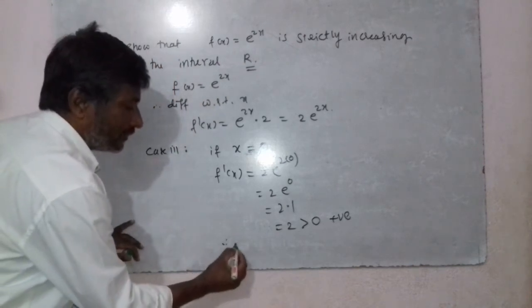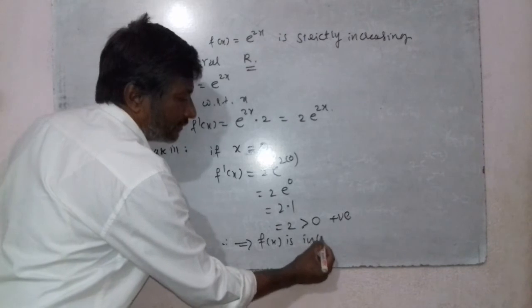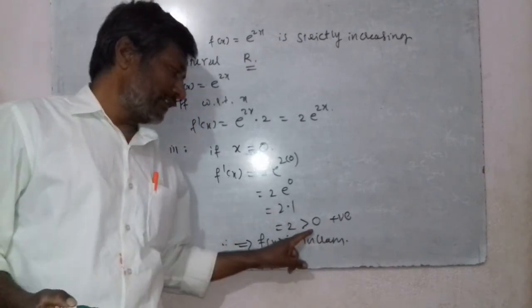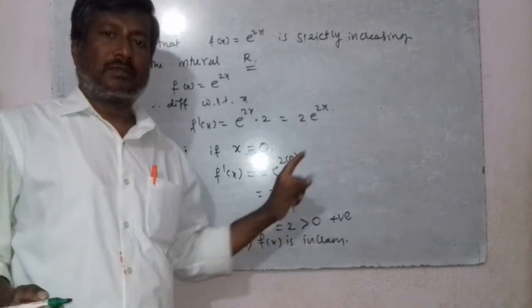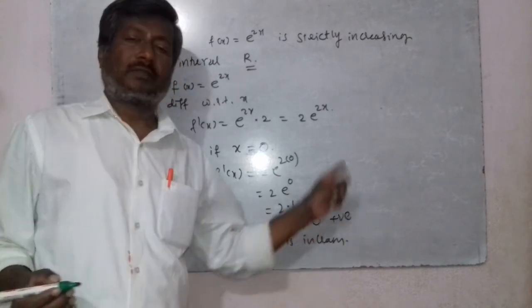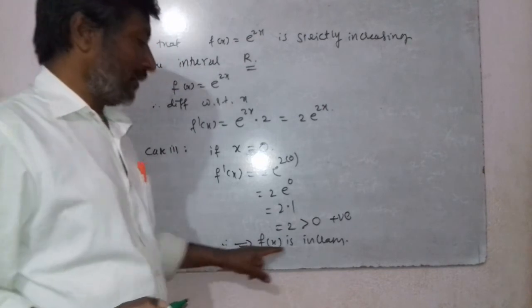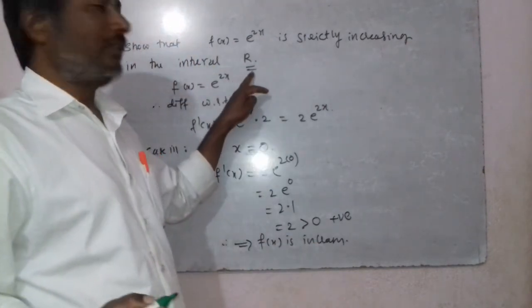So therefore this implies f x is increasing. So f dash x is again greater than 0. So for R, f dash x is positive. So therefore f x is strictly increasing on the interval R.